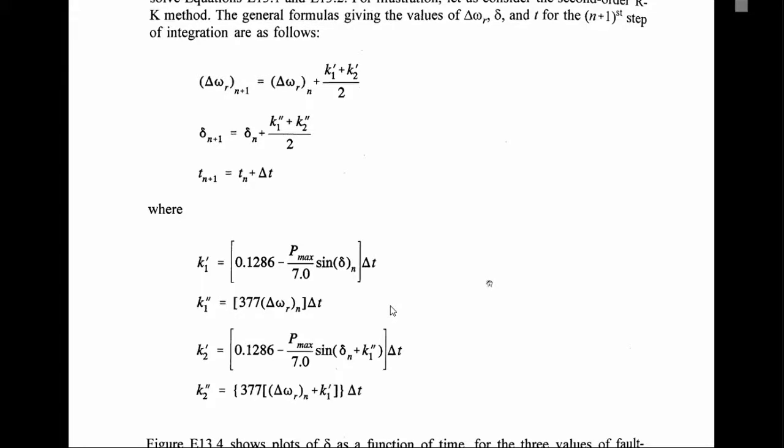We also got the initial rotor angle, 41.77 degrees, which converted into radians is 0.729. And the change in rotor speed is 0 per unit. So these are the information we got.